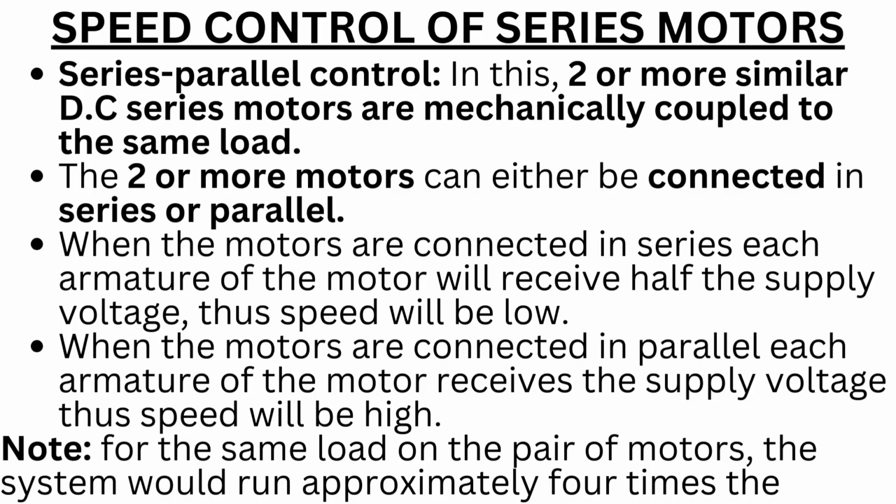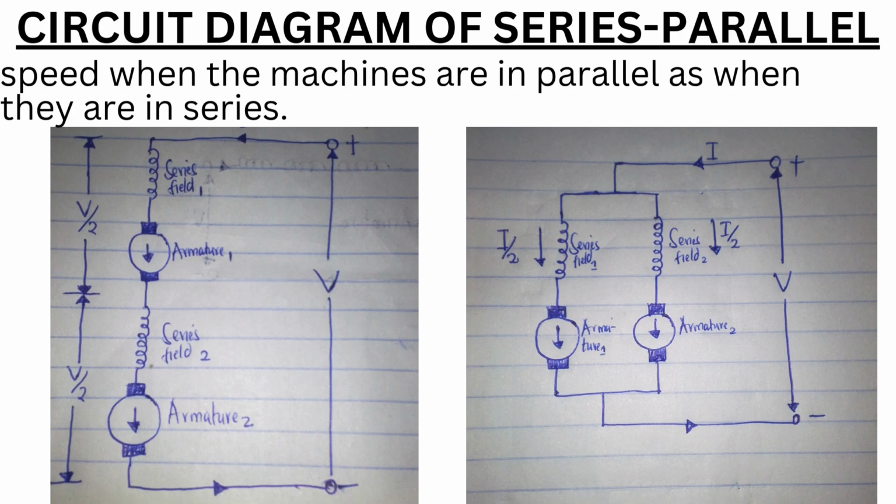Note: for the same load on the pair of motors, the system would run approximately 4 times the speed when the machines are in parallel as when they are in series. The circuit diagram below is for the series parallel method. As shown, when the connection is series, the voltage in the armature is half the voltage of the supply. When the connection is parallel, the voltage in the armature is the same as the voltage of the supply.